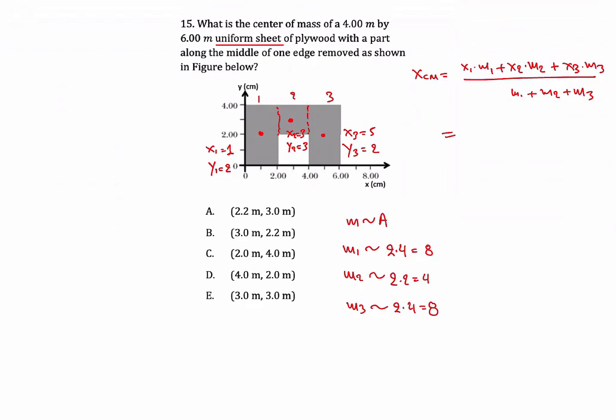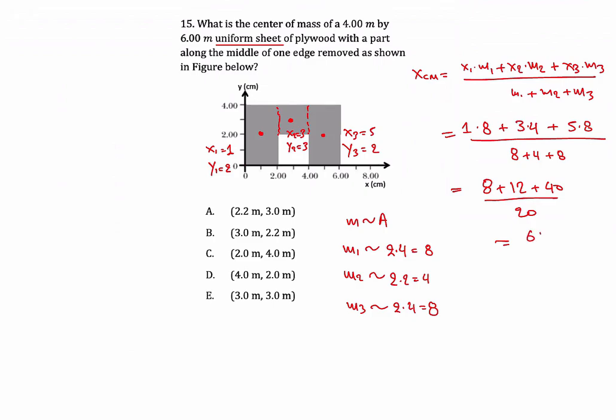So x1 is 1 times 8 plus x2, which is 3 times 4, plus x3, which is 5 times 8, all of this divided by the total mass, 8 plus 4 plus 8. So 8 plus 12 plus 40 divided by 20, this is 60 over 20, the result is 3 meters.